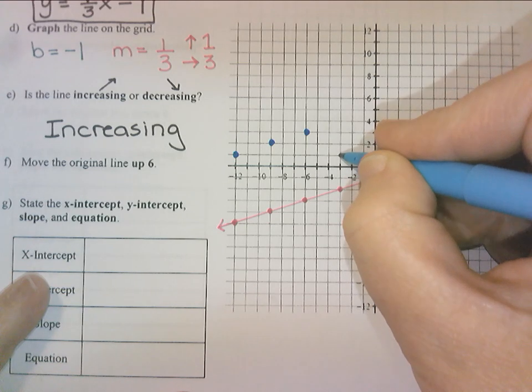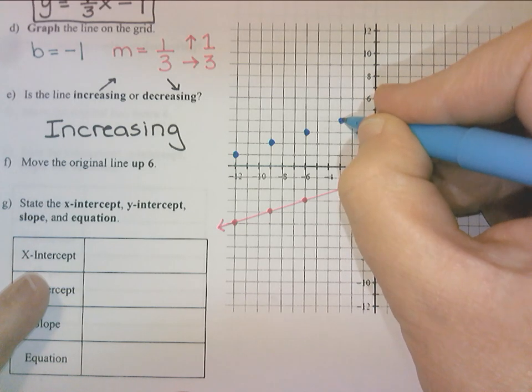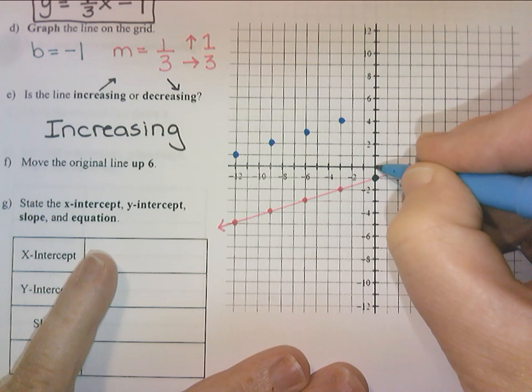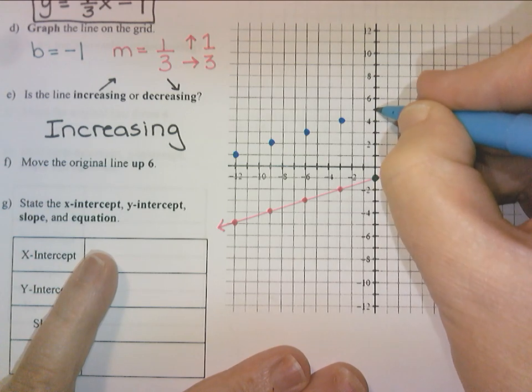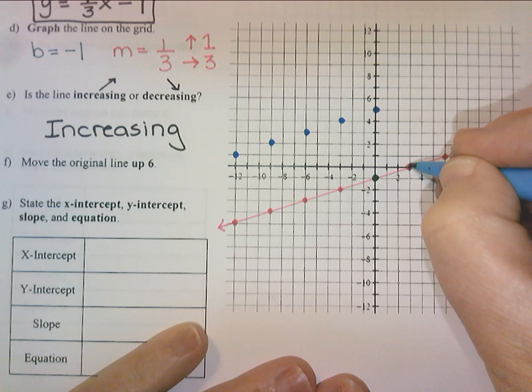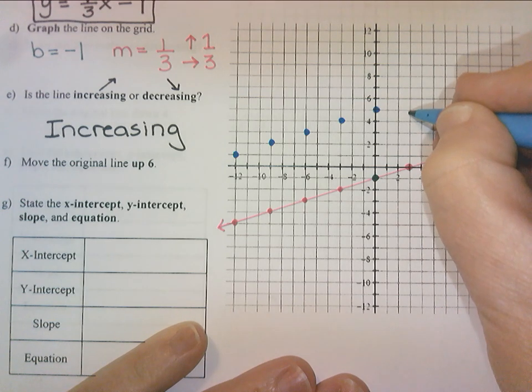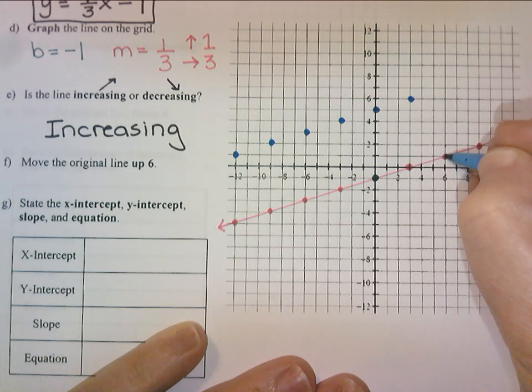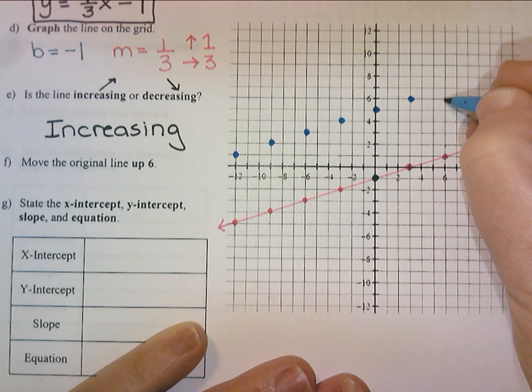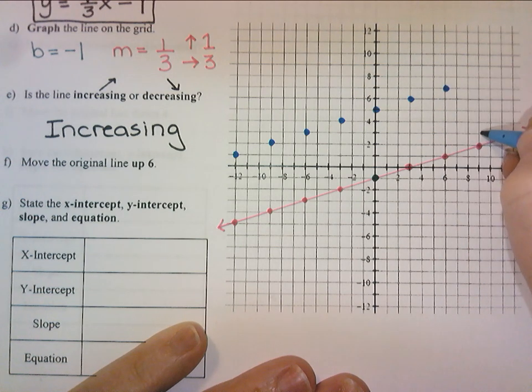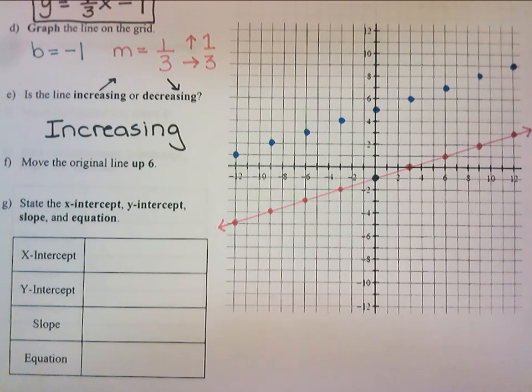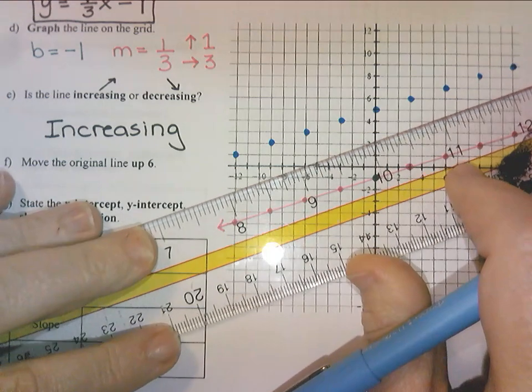We're going to take every one of these points and move them 6 squares up. Do the y-intercept too, up 6. I'll repeat this for each remaining point, counting 6 squares up each time. So I took every single point on that line and I moved it 6 squares up.